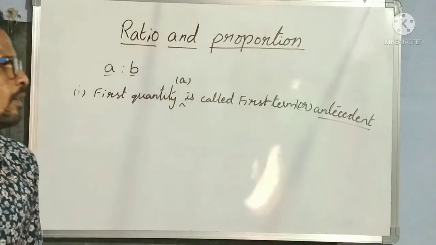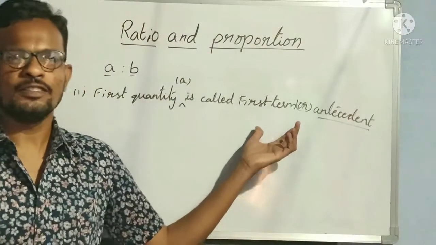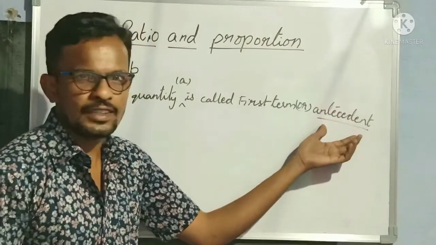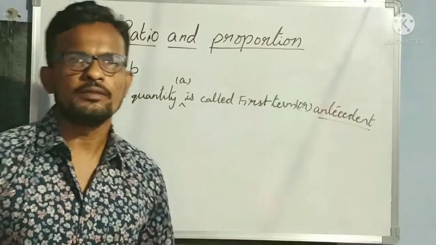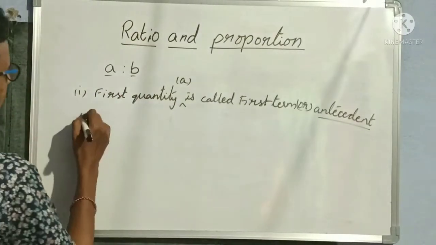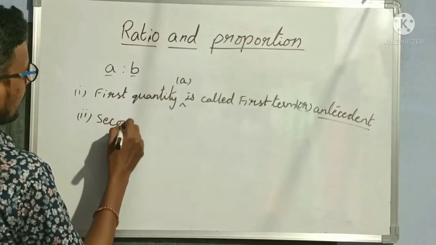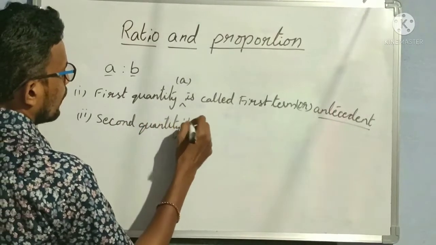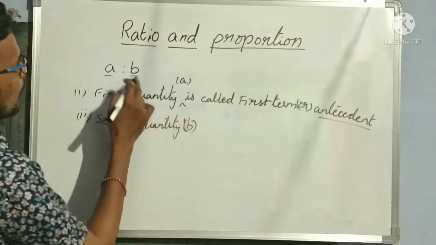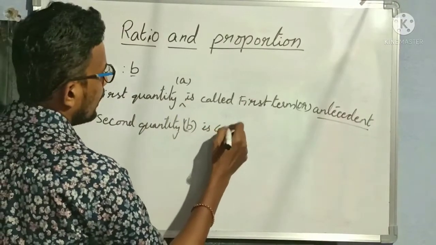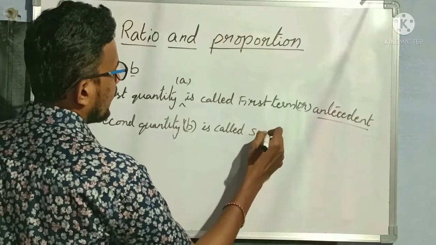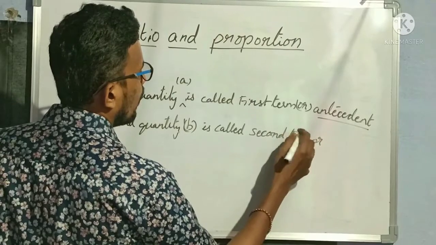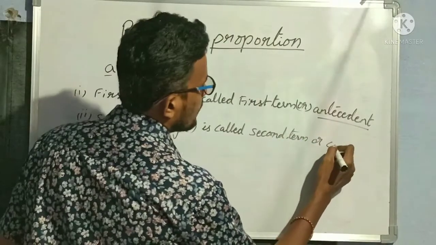This is antecedent, not accident. Both are different. Be careful while writing antecedent, or else you will get an accident. Clear? Next, the second quantity. What is our second quantity here? B. So B is called the second term or consequent.